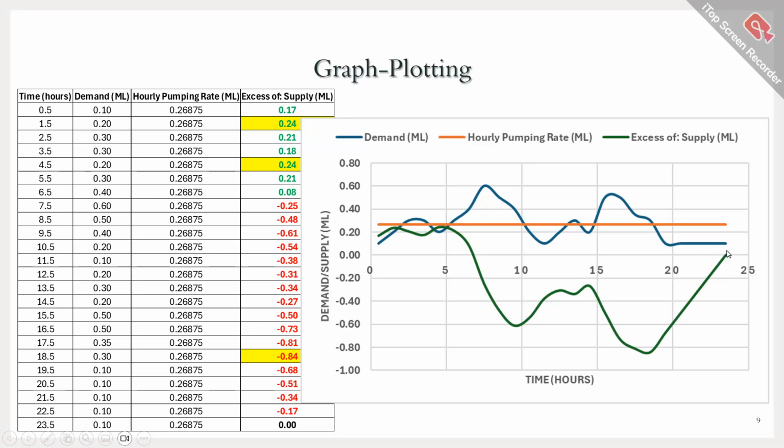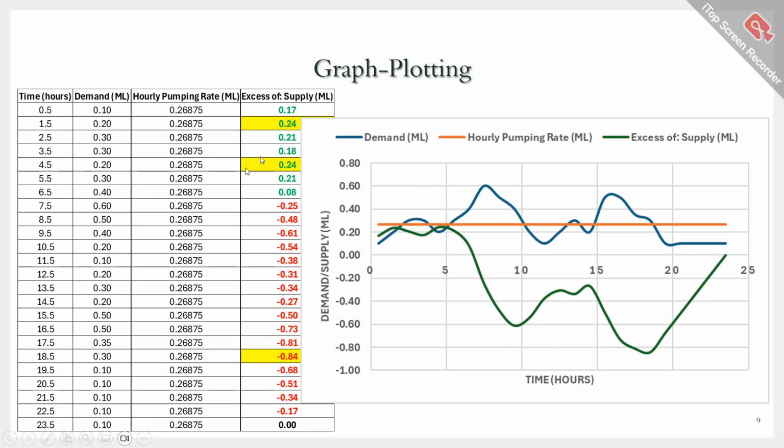So hopefully you are able to understand. So this many amount of volume, 0.84 megaliters of water we have to maintain in the tank in order to meet the demand when the supply is less.